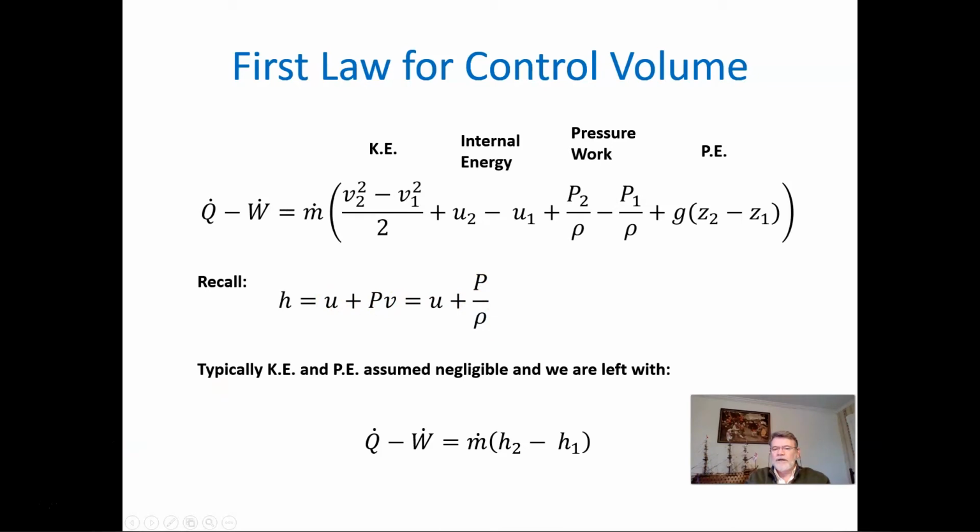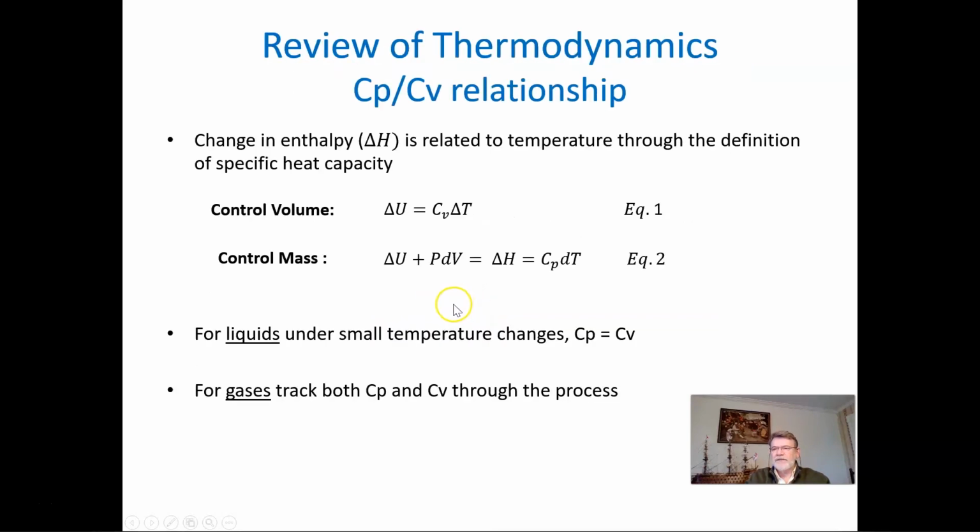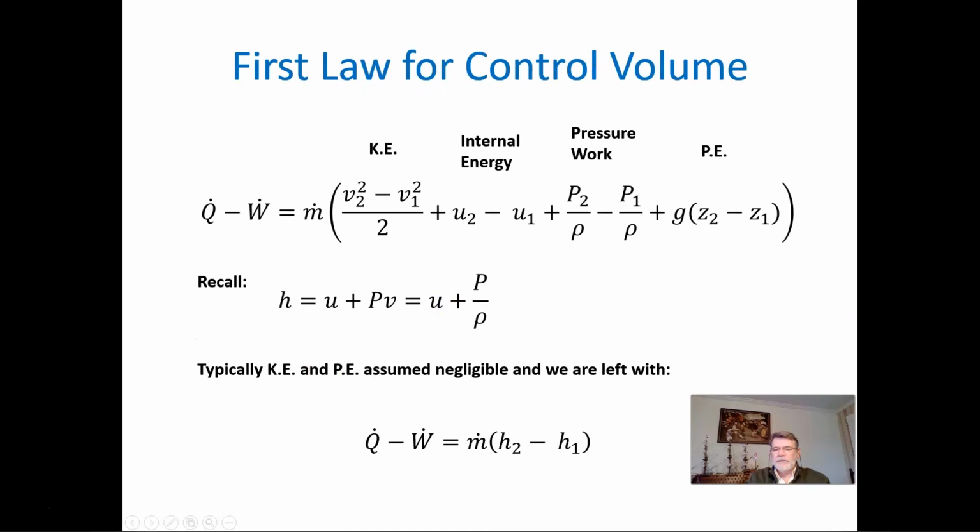Rho equals m divided by V, as you know very well, I'm sure. So this is specific volume. It's just an inversion of density because this is all per mass, right?